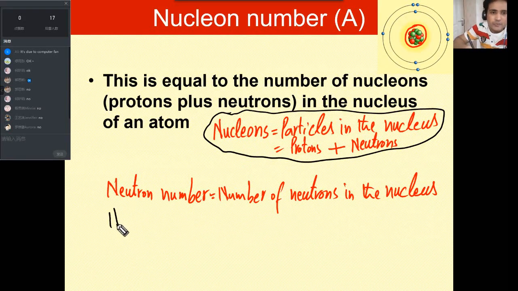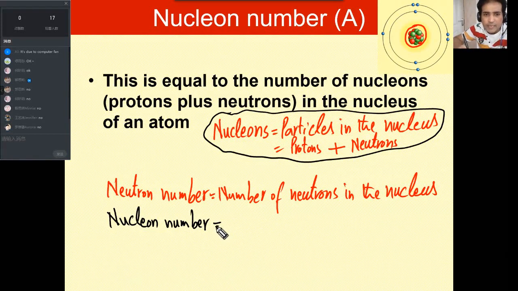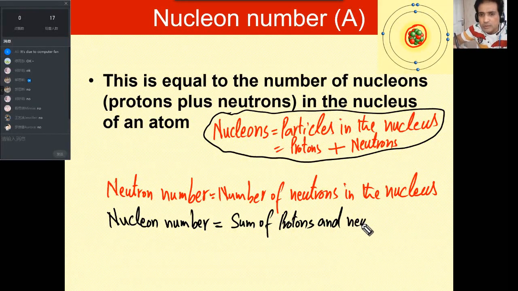The next thing we need to understand is, what is nucleon number? Nucleon number we can define as the sum of protons and neutrons in the nucleus.